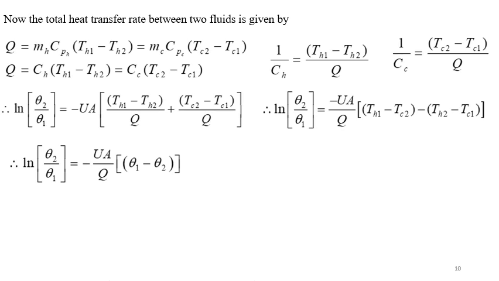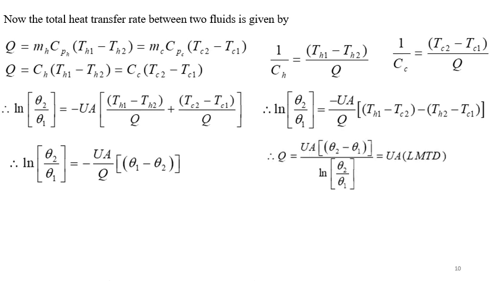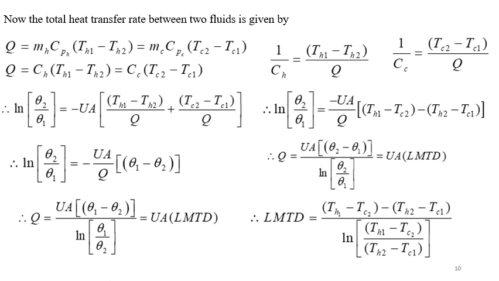Substituting that, we get UA times LMTD, where the LMTD equation is [(TH1 minus TC2) minus (TH2 minus TC1)] divided by ln[(TH1 minus TC2) by (TH2 minus TC1)], and that is the equation we get for the LMTD of a counterflow heat exchanger.